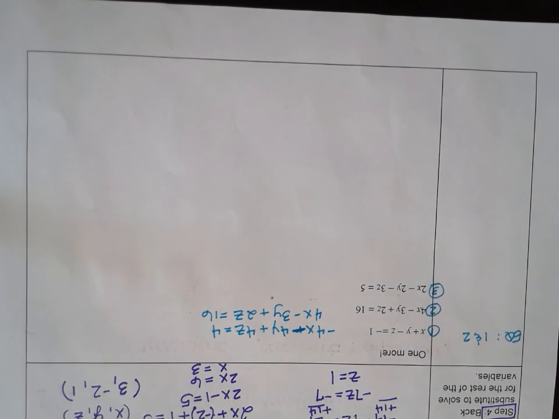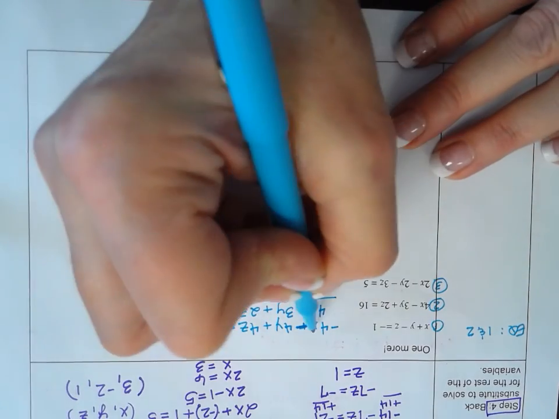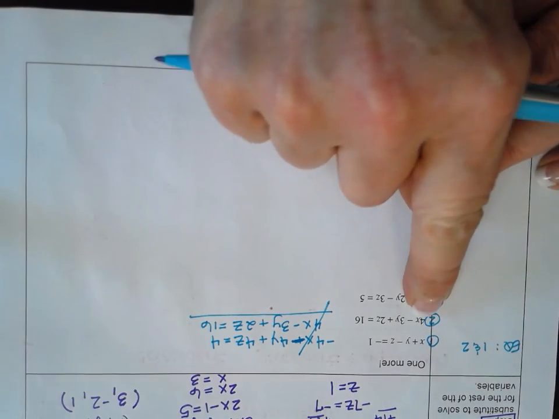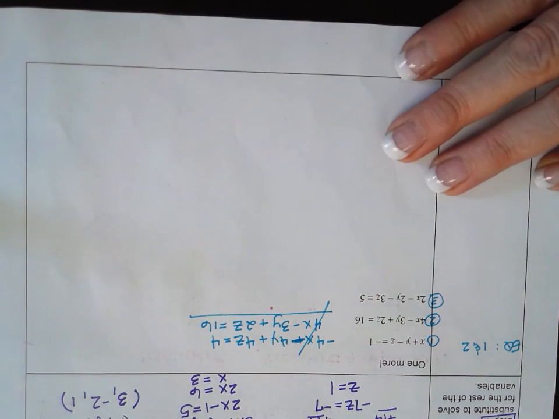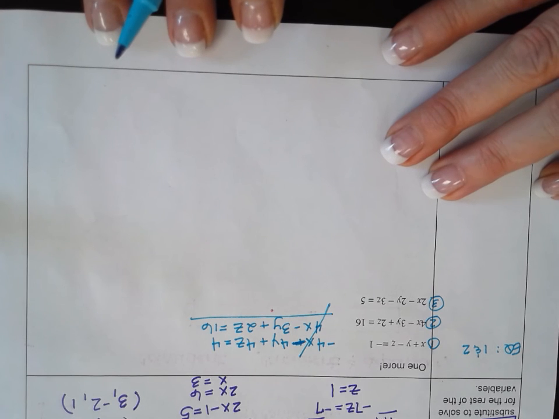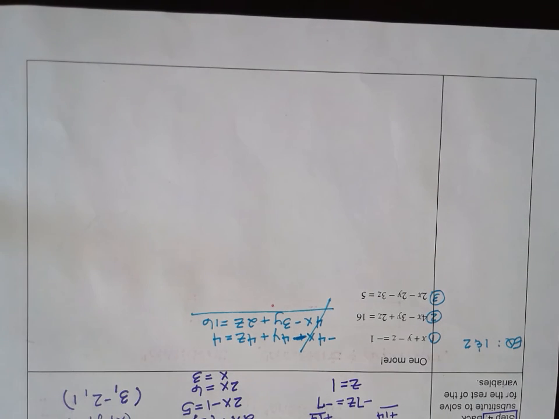I multiplied number 1 by -4 so I could now cancel out my x, because my 2 was a 4.